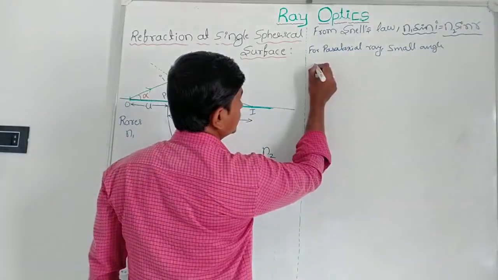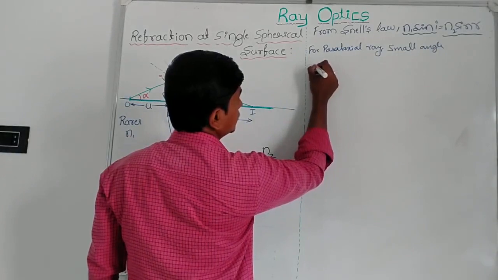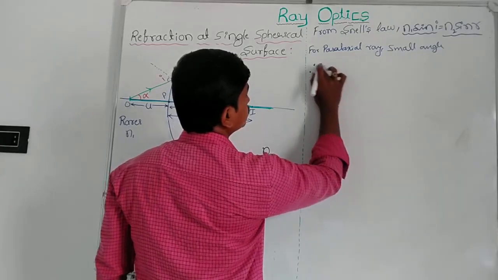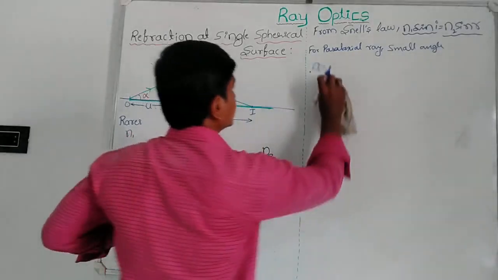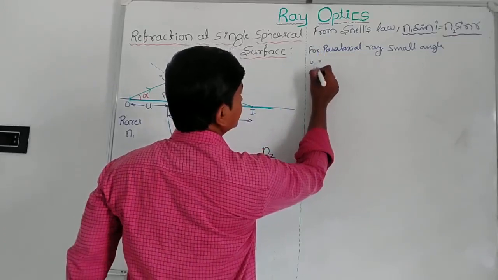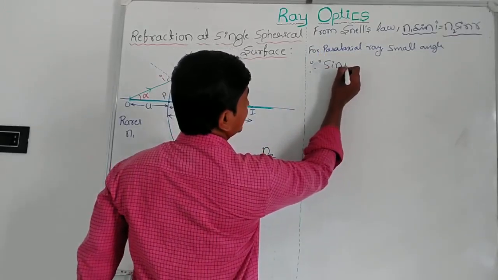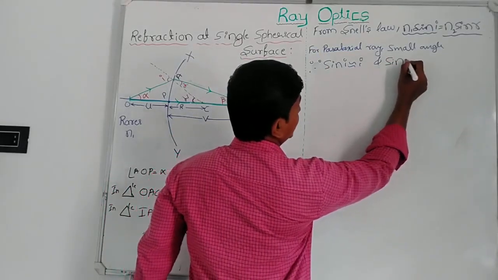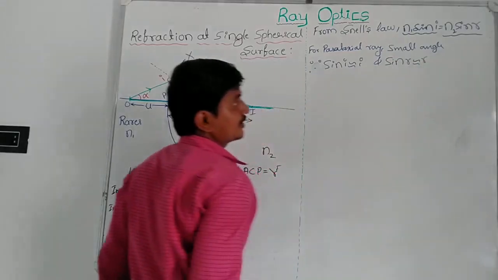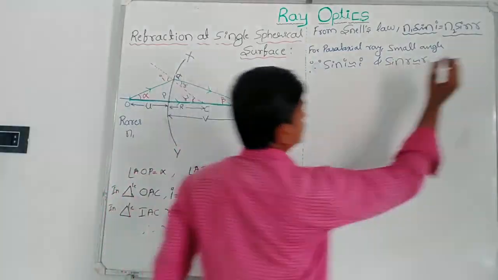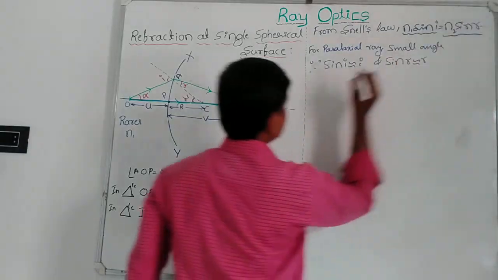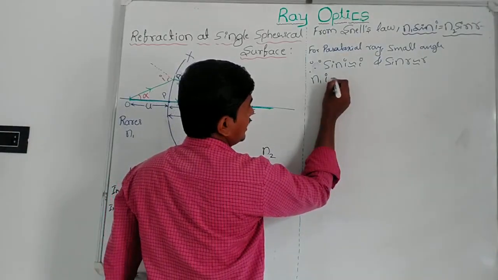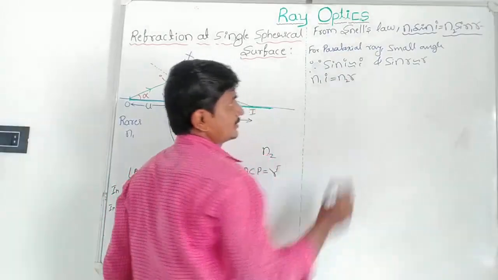In such a condition, since sin I is nearly equal to I and sin R is nearly equal to R, the above equation becomes n1 sin I becomes I, that's why n1 I is equal to n2 R.